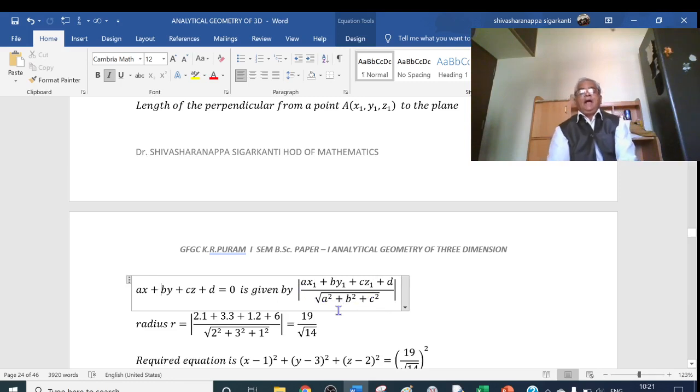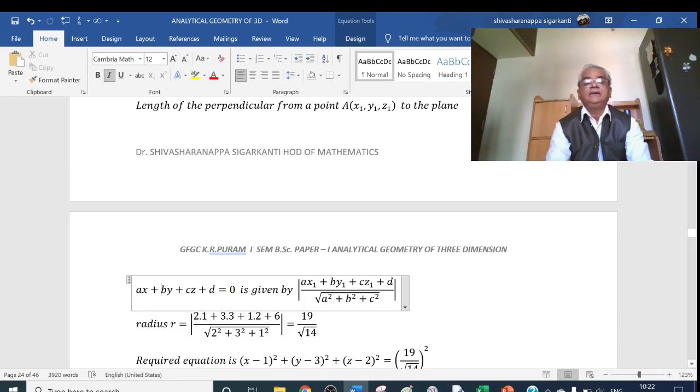Using this formula, I can find the length of the perpendicular. It is nothing but the radius. We just have to replace x, y, z by the center.